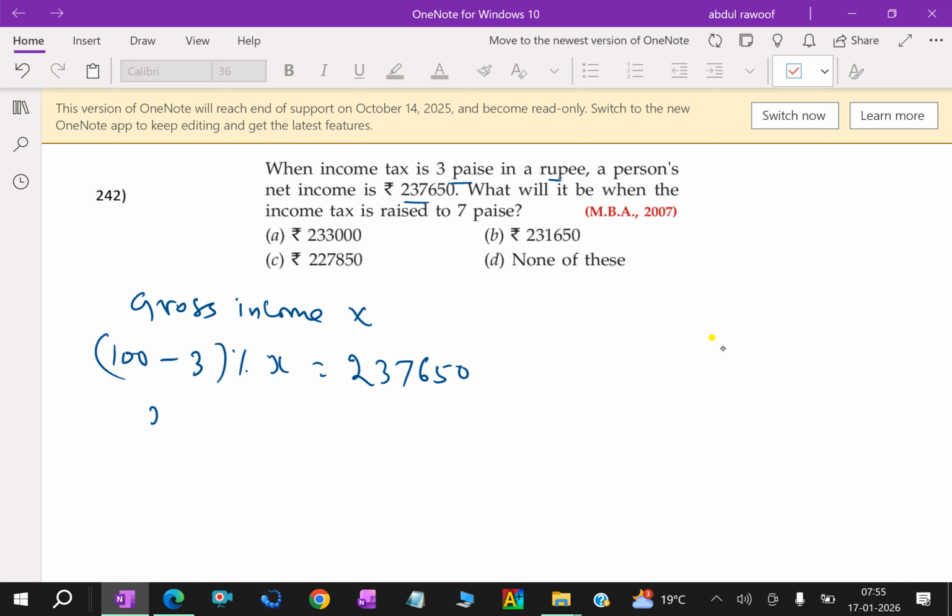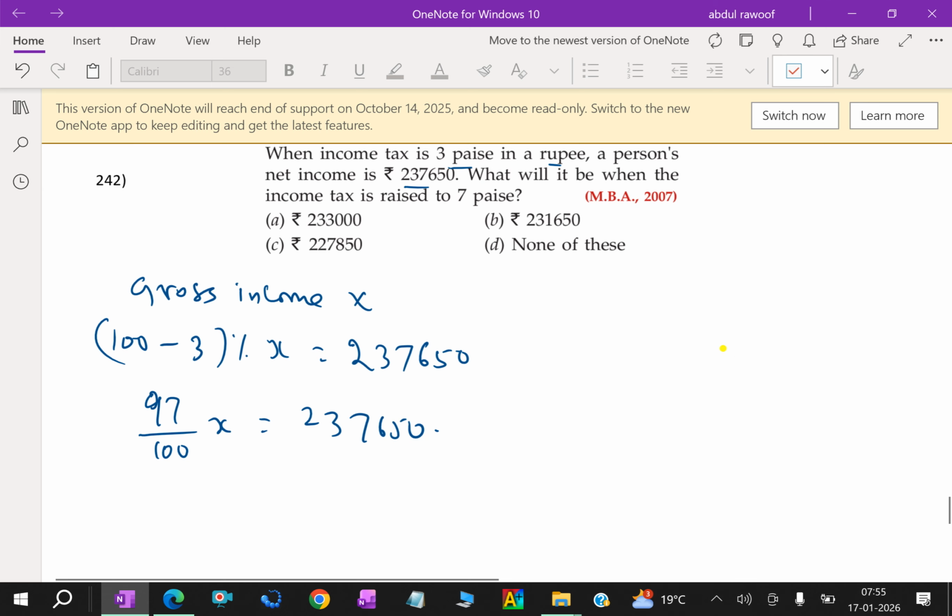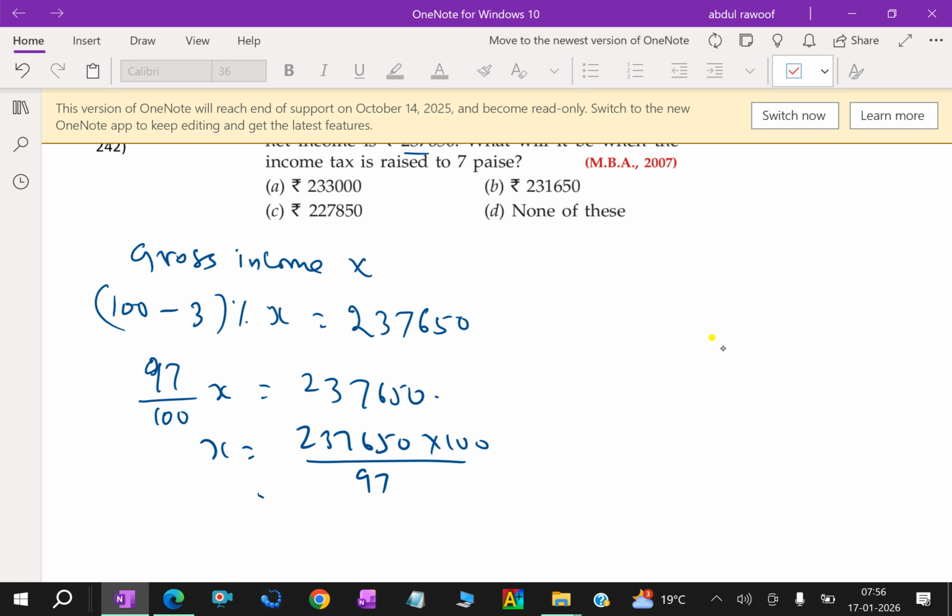Therefore, 97 by 100 into x equal 237650. Then x you can calculate: 237650 into 100 by 97. If we divide, we get 245000.